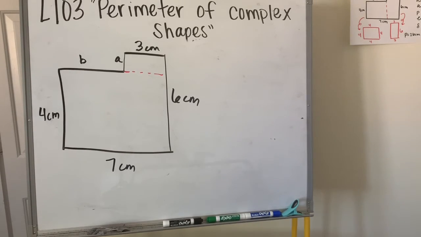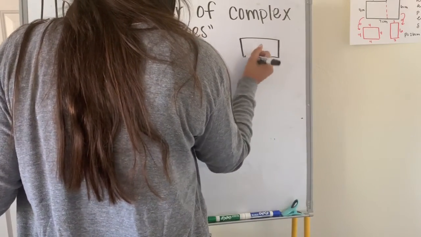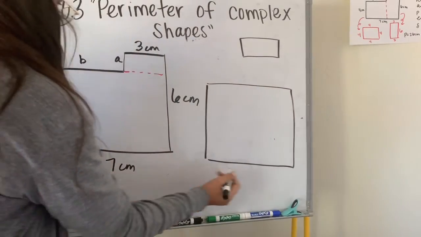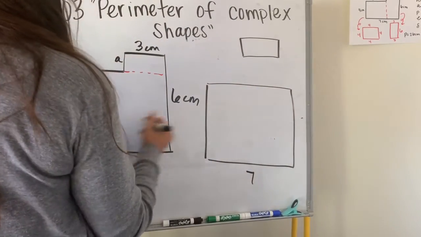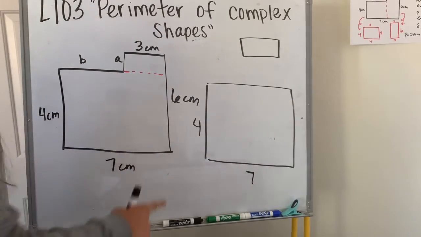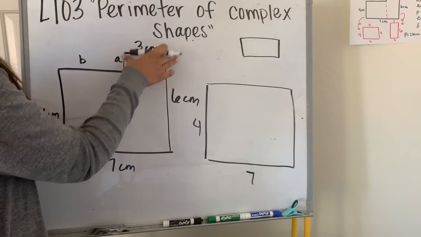All right, here are the new shapes that I would have. I know this is 7. No, this is 4. Why is this 4 and not 6? For me, it's 4 because I took this little bit off.